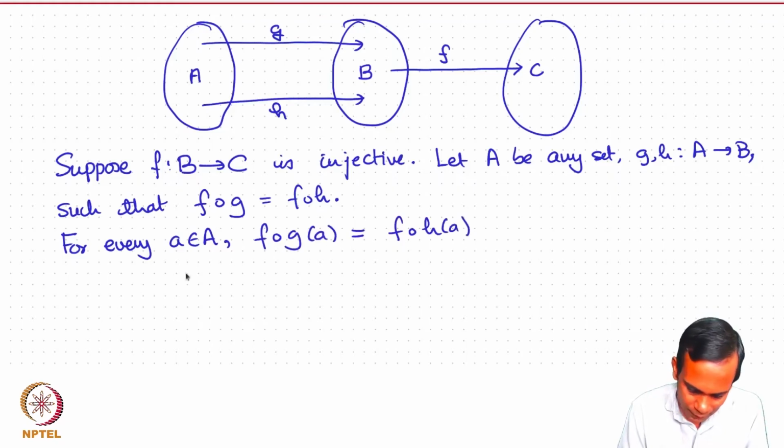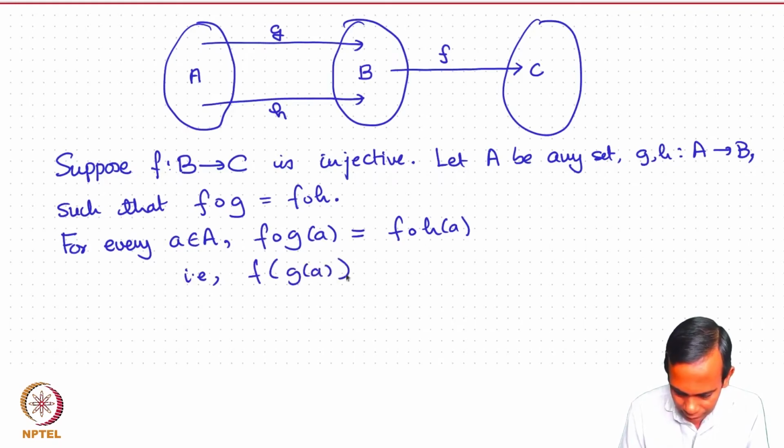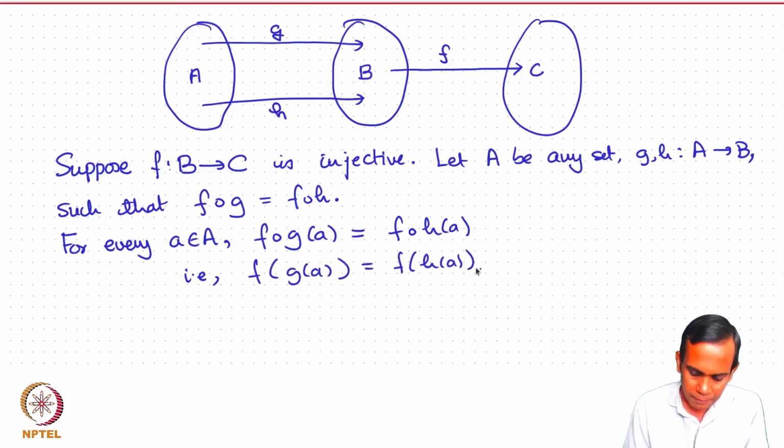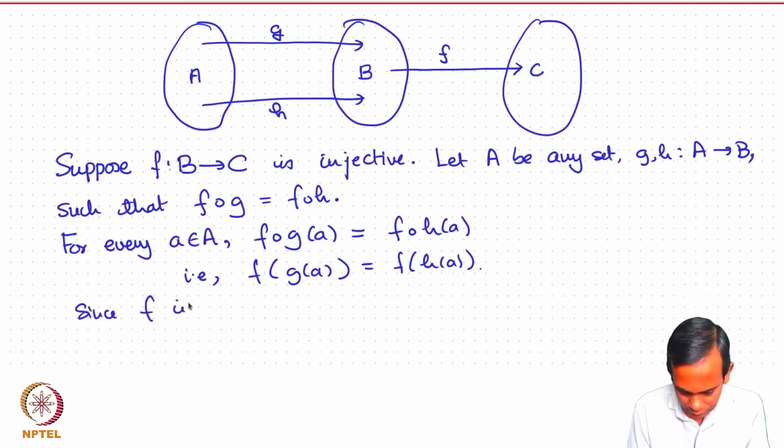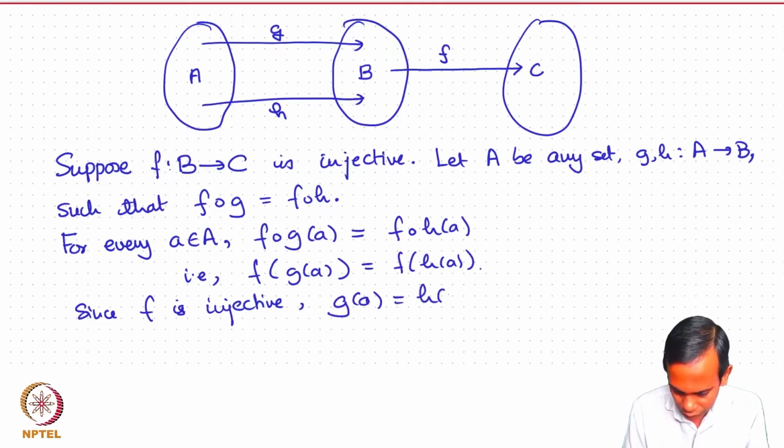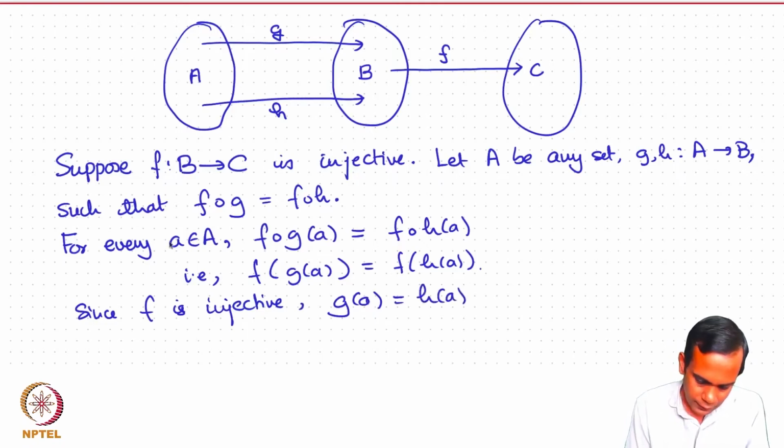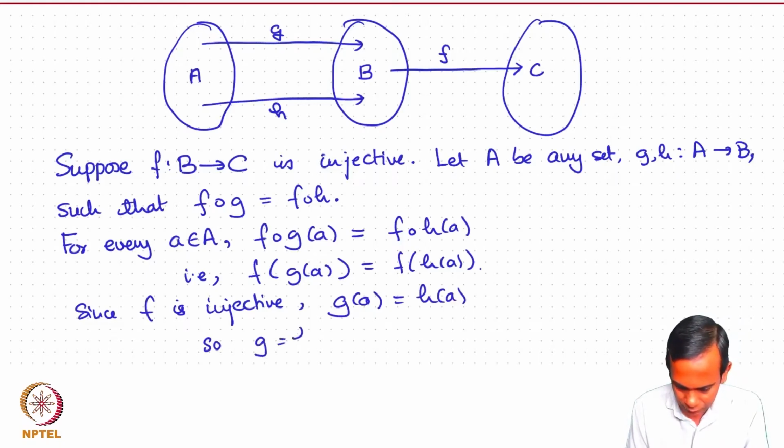This is the same as f of g of a is equal to f of h of a. But since f is injective, this implies that g of a is equal to h of a. And since this is true for every a in A, g is equal to h.